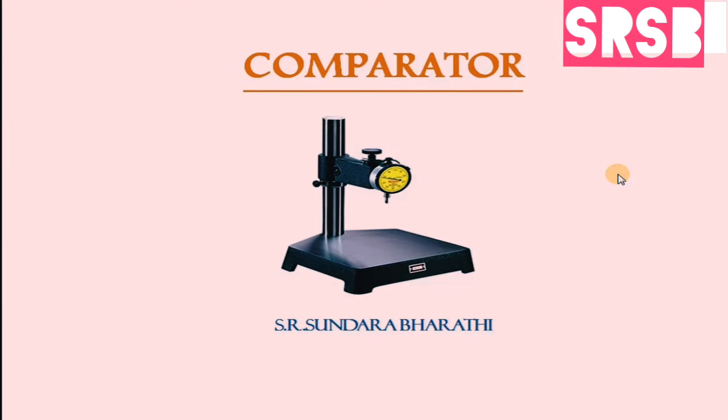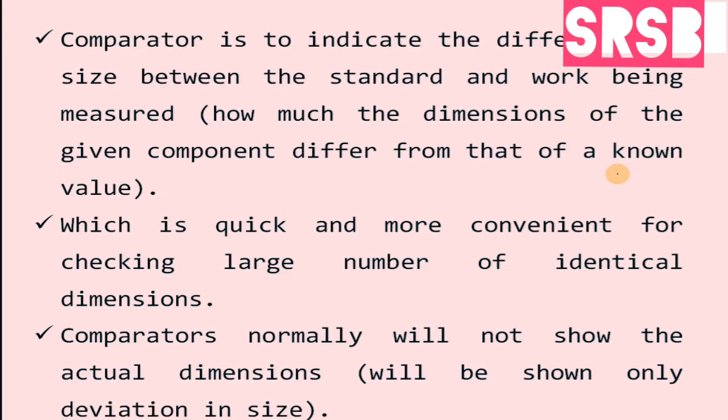Good morning, students. In this class we will discuss the comparator and its advantages and applications. A comparator indicates the difference in size between the standard and the work being measured. It helps show how much the dimensions of the given component differ from a known value.